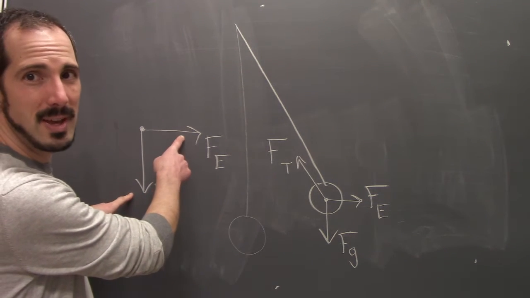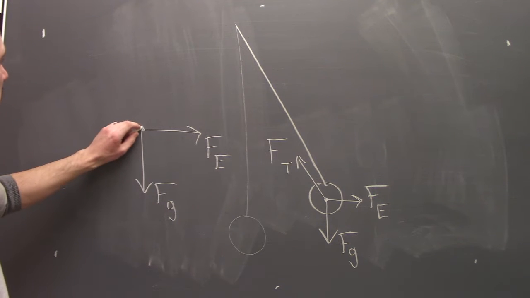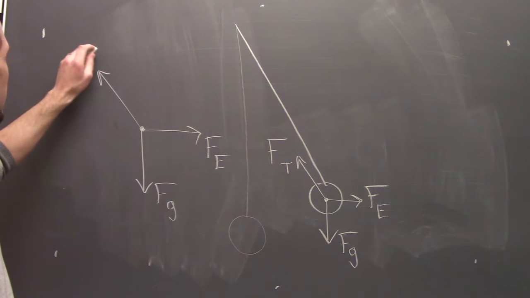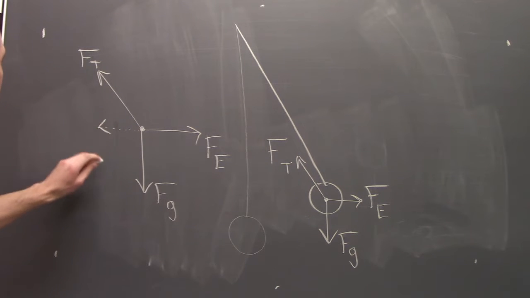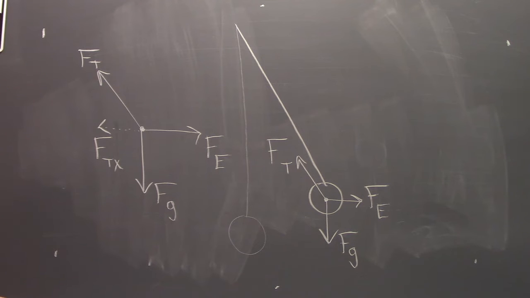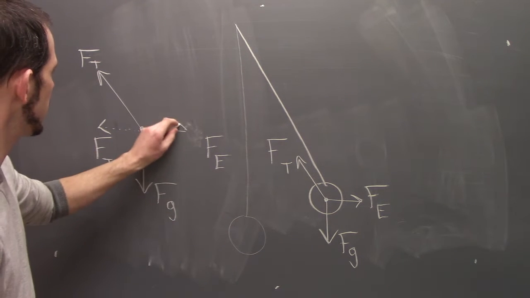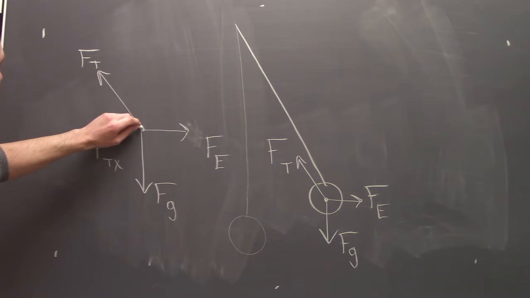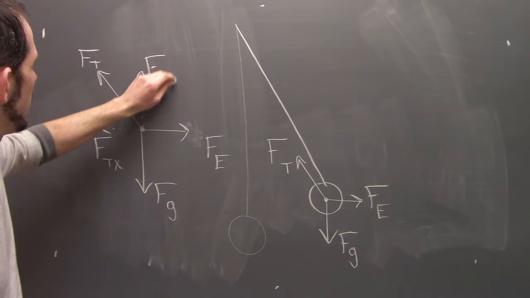I happen to show them as equal looking lengths, but they're going to have very different values. So if the tension here is some Ft, then we know there's an x component, Ftx, where ideally these two are the same length. And then FTY is some component upward.